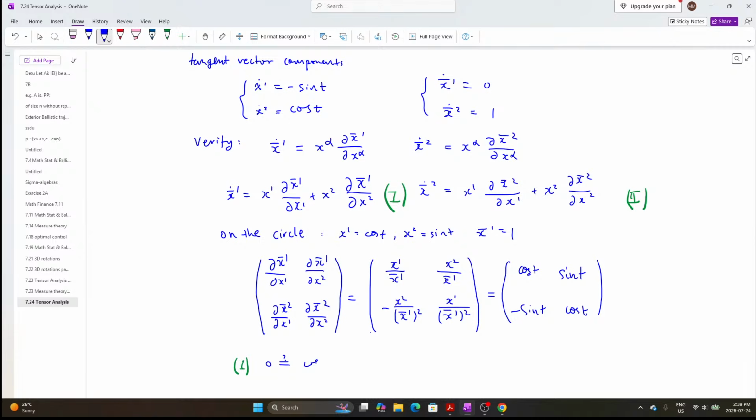x1 is cosine of t times dx1 bar over dx1, which is cosine of t. Uh-oh. Plus x2, that's sine of t, times dx1 bar over dx2, this one, the sine of t, so that's 1, huh?